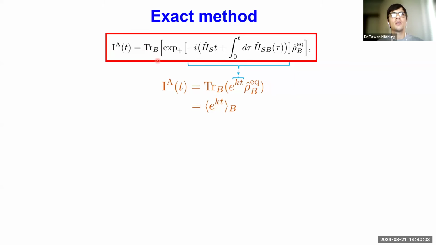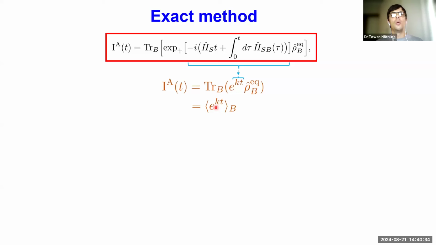It's more or less a trace over the bath of some exponential function which has a factor of time. See, there's the factor of time, and when you integrate it, there's a factor of time as well. And lastly, this equilibrium bath equation. So more or less, very more or less, the spectral tensor is the average over the bath degrees of freedom of some exponential function.